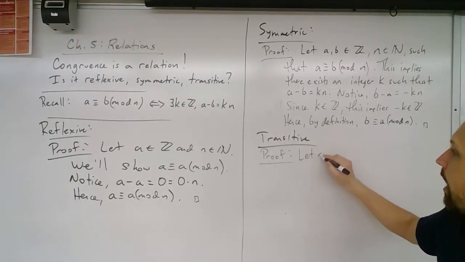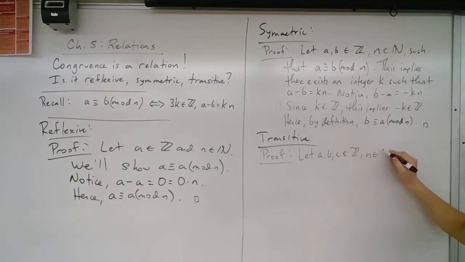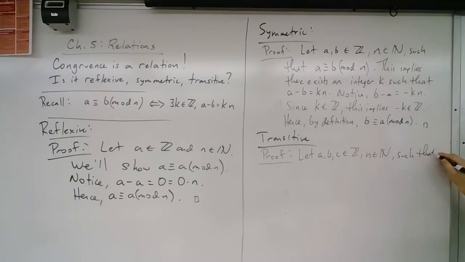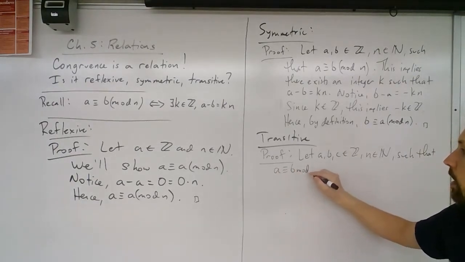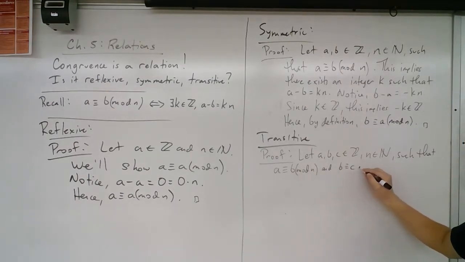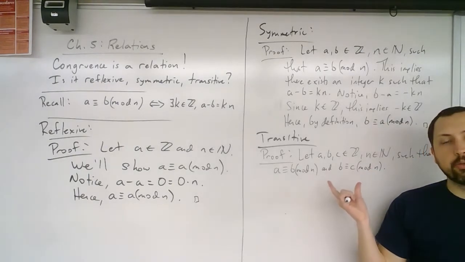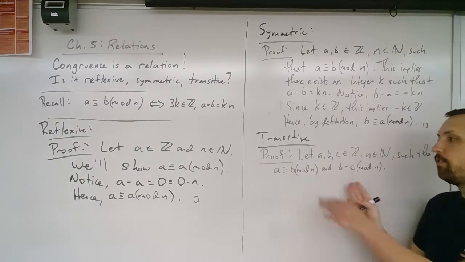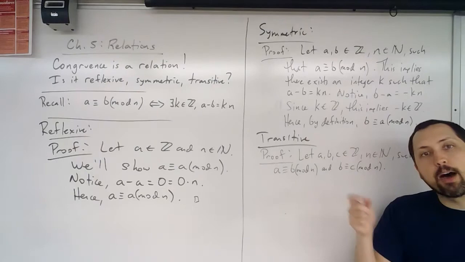So we could say let A, B, C be integers, n be a natural number, such that A is congruent to B mod n and B is congruent to C mod n. So again, we assume that these two are true. And then based off of these, how do we manipulate this to be able to get that A is going to be congruent to C mod n?